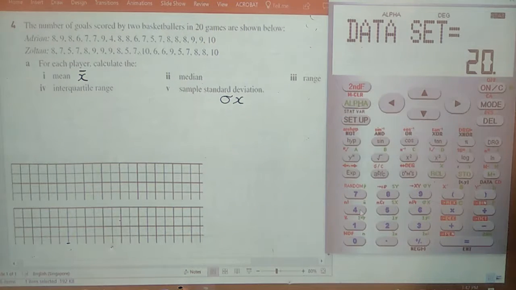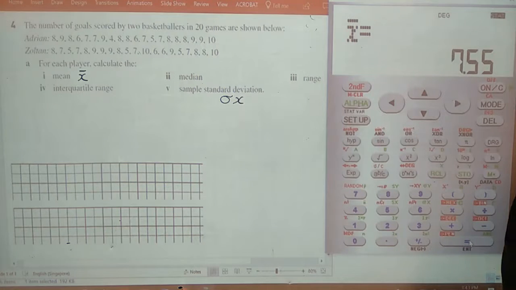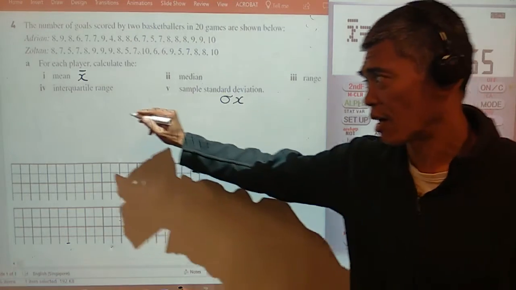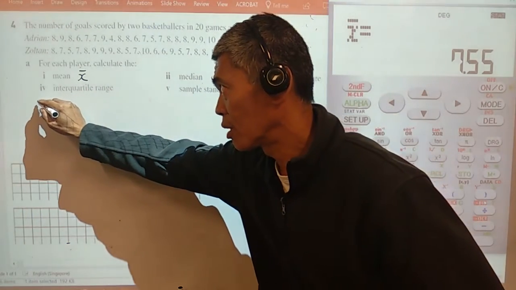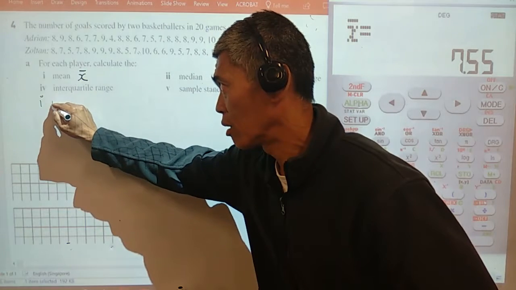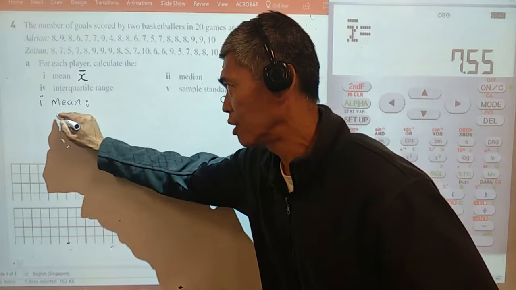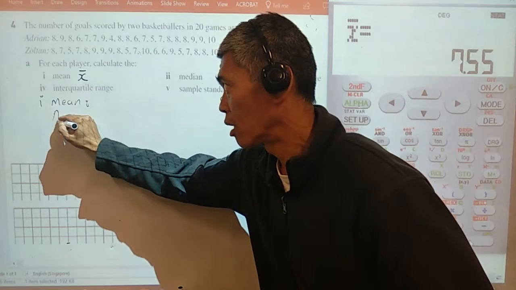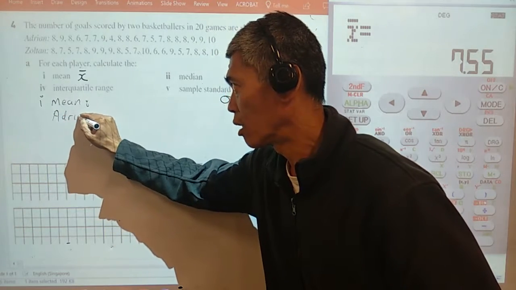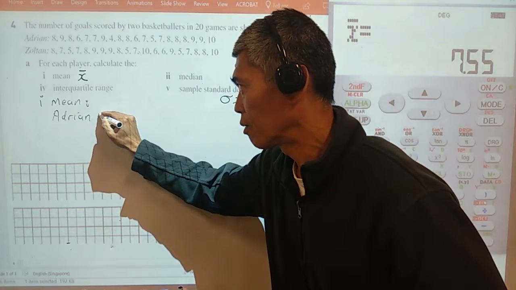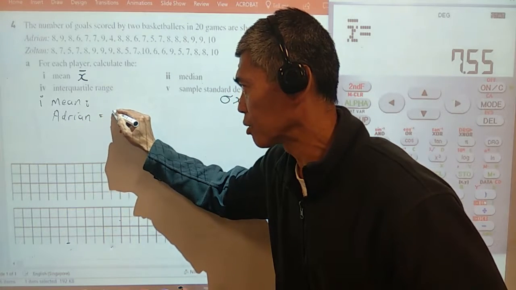Click alpha followed by this key over here. Press equals. That gives us 7.55. So the mean for Adrian equals 7.55.